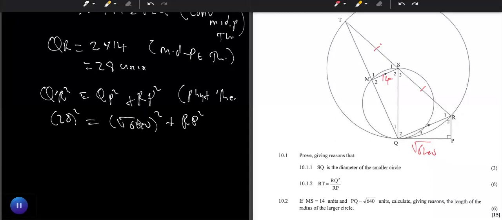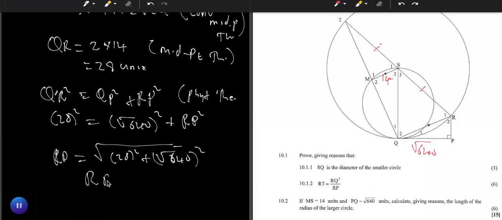To make it short, take this to the other side and put the square root. You're going to find that at the end, your RP is equal to the square root of 28 squared minus the square root of 640 squared. And therefore you find that your RP is equal to 12 units.